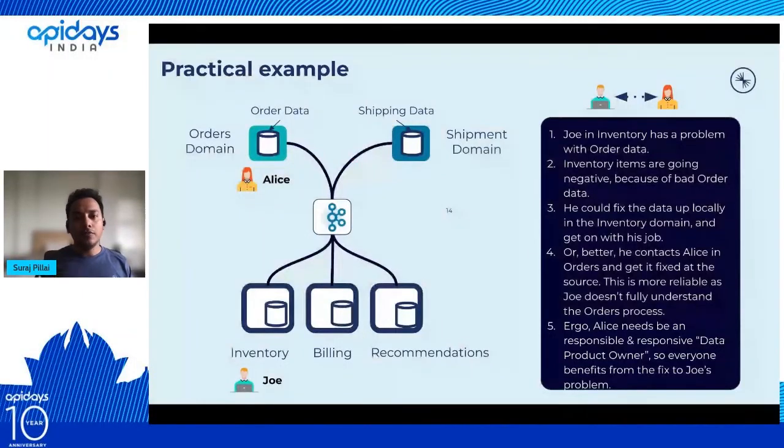Now, if I were to give you an example here, let's assume we have an order domain, an inventory domain, and a billing domain. Now, the order domain has produced some data into, let's say, Kafka. And the inventory domain is subscribing to those messages. And when it's subscribing to that order data, what it finds is there's a problem with maybe some of the fields there.